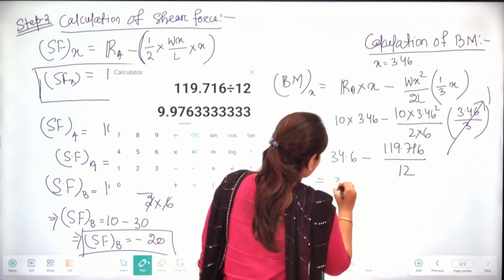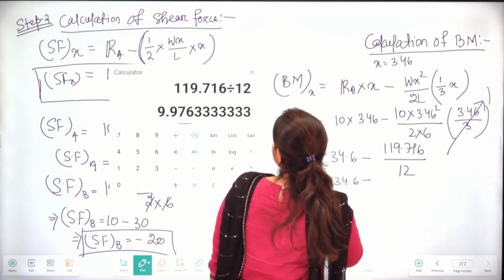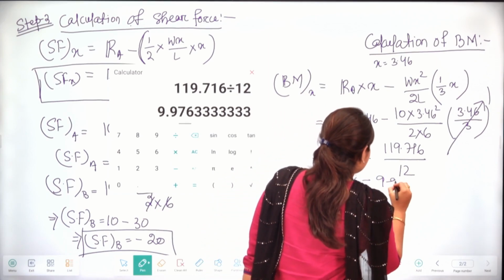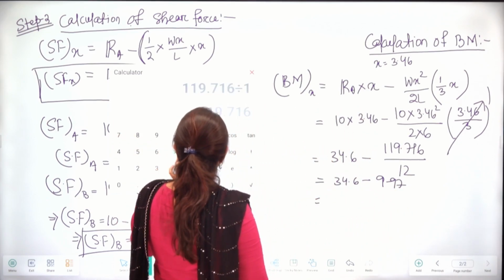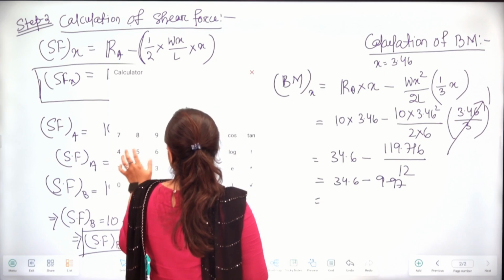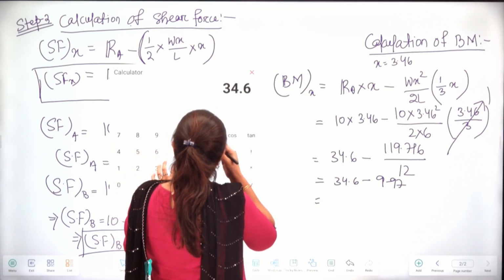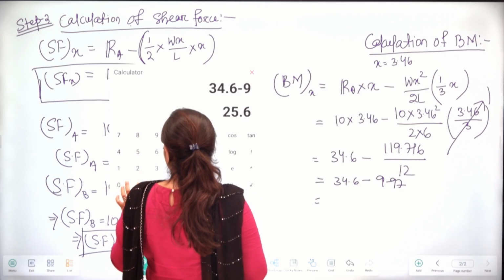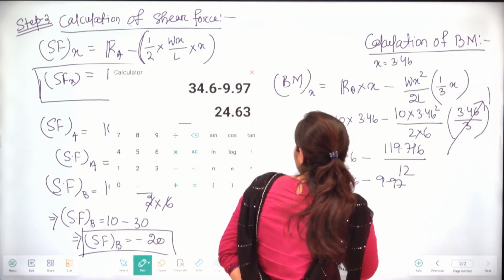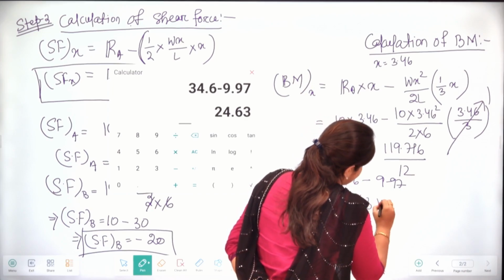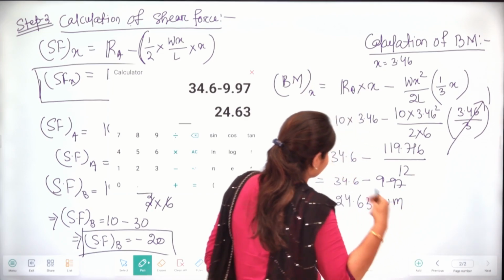So 34.6 minus 9.97 gives 24.63 kilonewton meter.